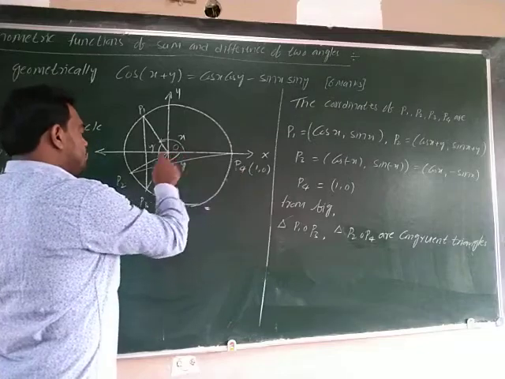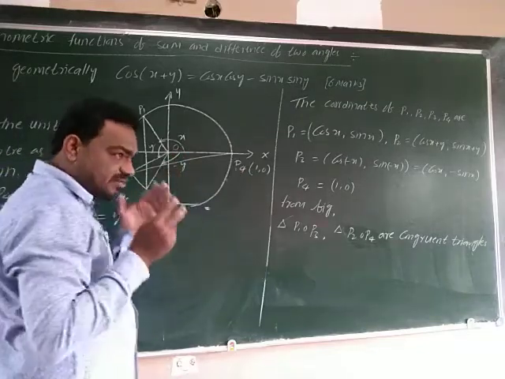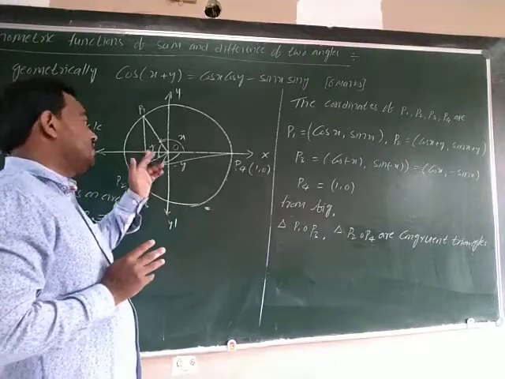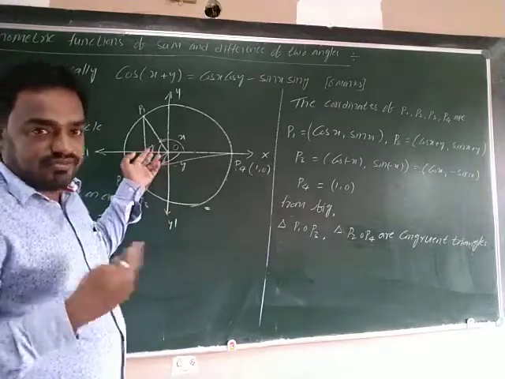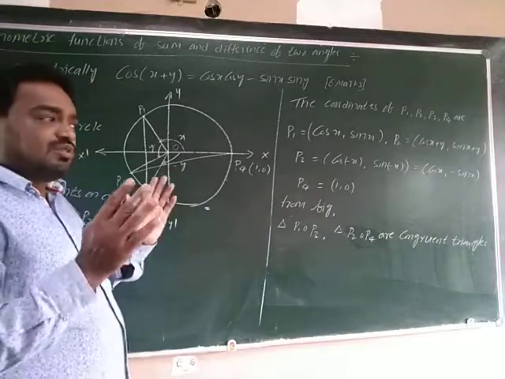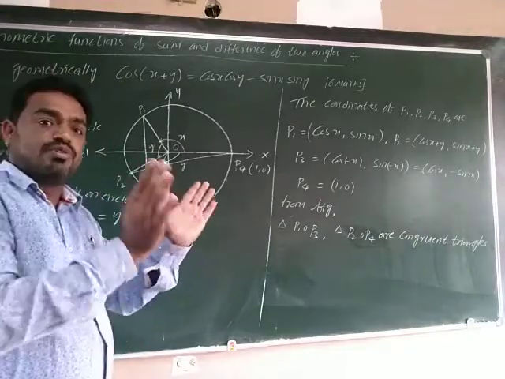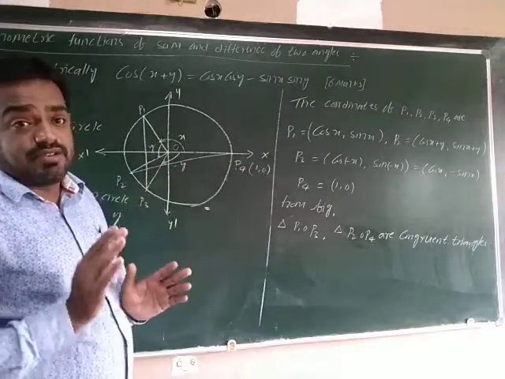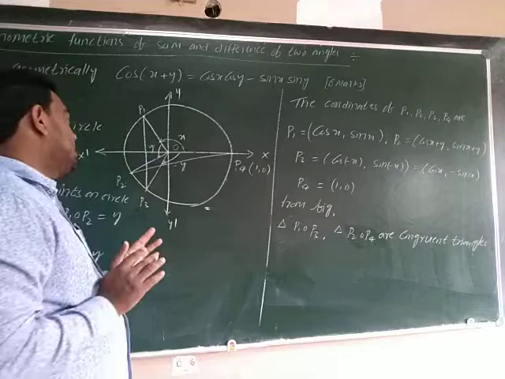Angle P4 O P2 is equal to minus y. That means the magnitude values are the same: magnitude of y and magnitude of minus y. Both are in the opposite direction, but the magnitudes of the angles are the same.